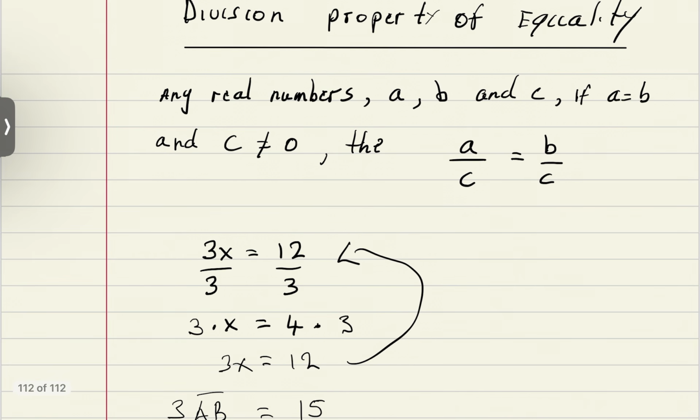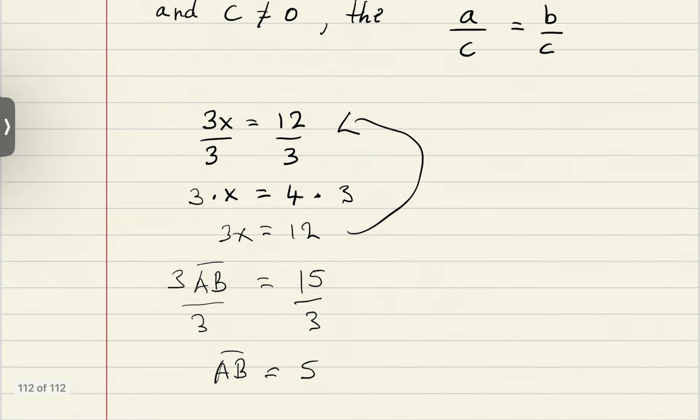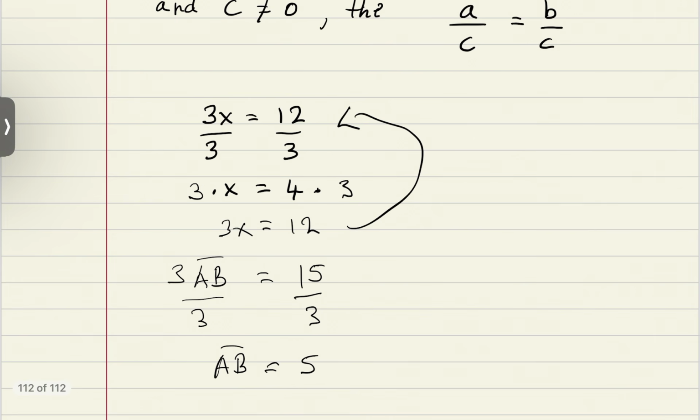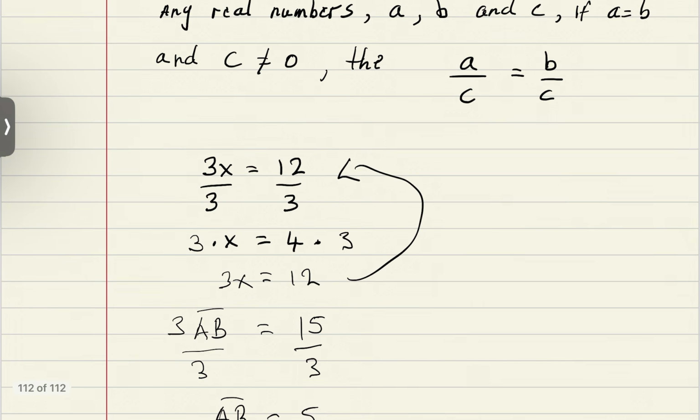If you divide both sides by the same value, the equation is still equal. And the helpful thing here is that when you divide both sides by the same value, it helps you solve the equation. But I will be getting to those lessons in the future.